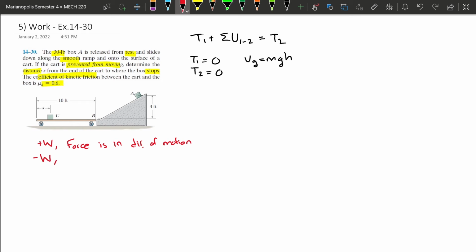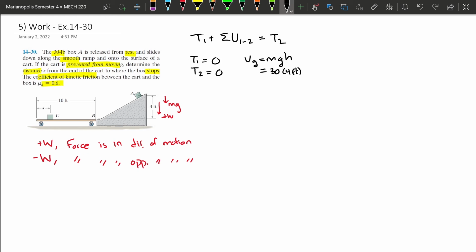And negative work is when the force is in the opposite direction of motion. All right, so here mg is going to be pointing down and our direction of motion is also down, so this will give us a positive work. So mgh, we know it's a 30-pound. We don't have to account for that, and the height is just 4 feet.